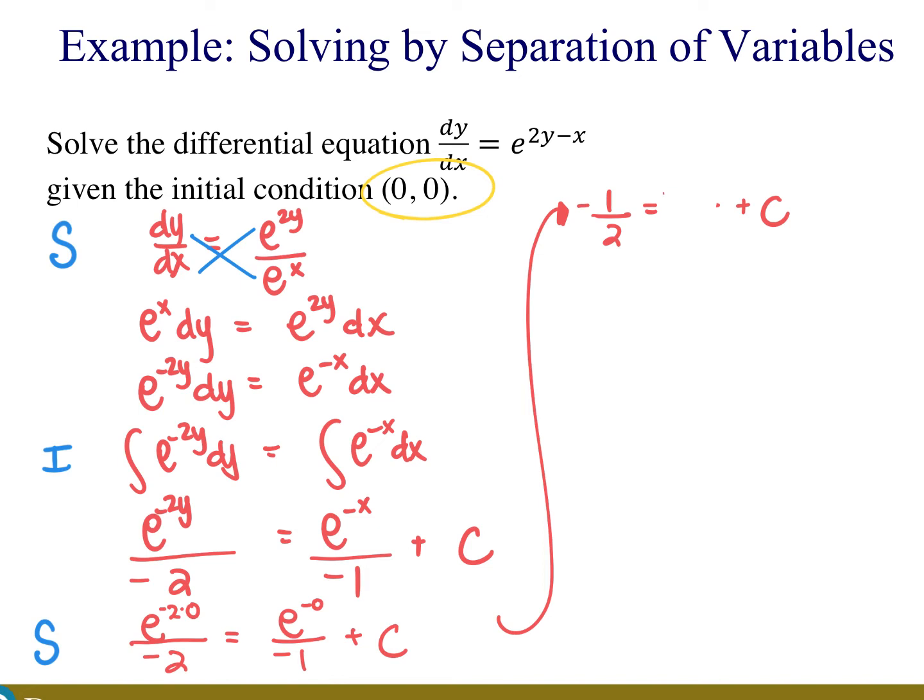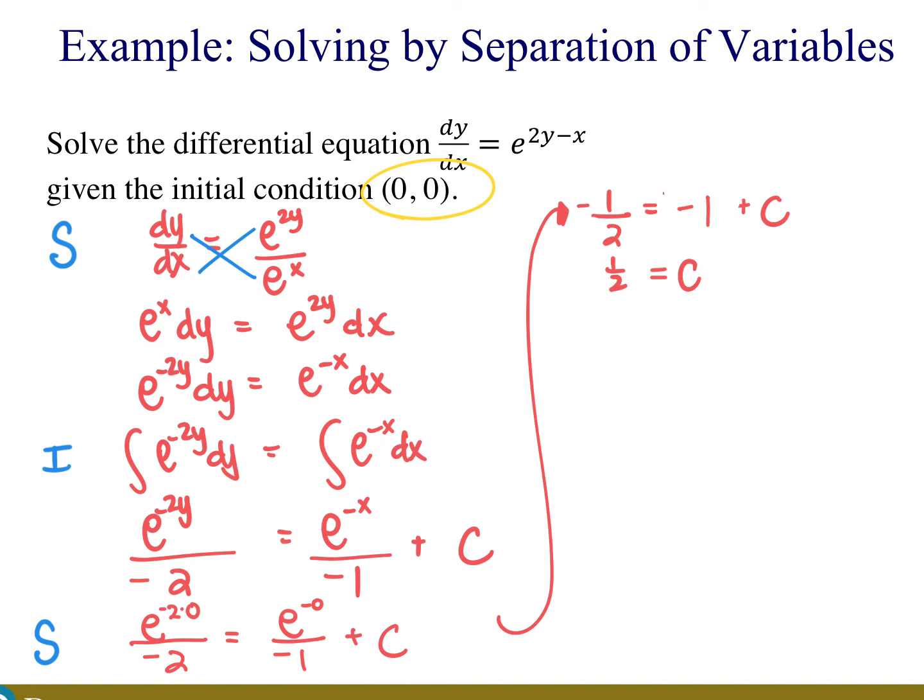Okay, I don't need all that. We'll just write it as -1. Okay, so then what would C be if -1/2 equals -1 plus C? What does C work out? +1/2. Very good. Okay, so SIS, separate, integrate, solve for C.